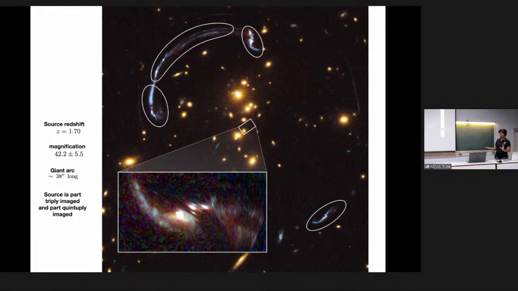Because the source is very extended here, part of the source falls in the 3-image region, which I had shown earlier with these caustics, right? The corresponding images of that part are seen as only 3 sets of images, and the other part falls in the 5-image region, and so we can see 5 images of the other part of the source. This is what is shown here and found in this particular system.